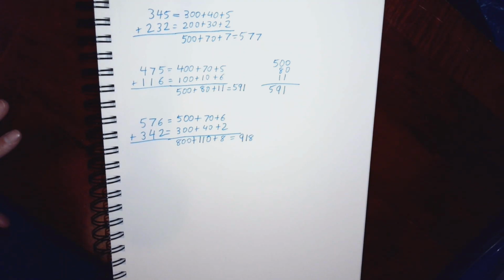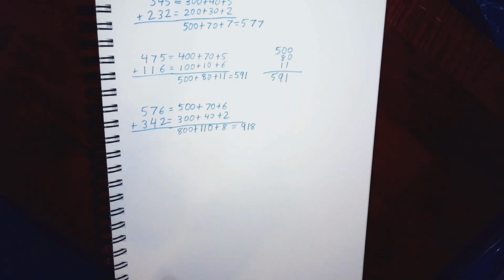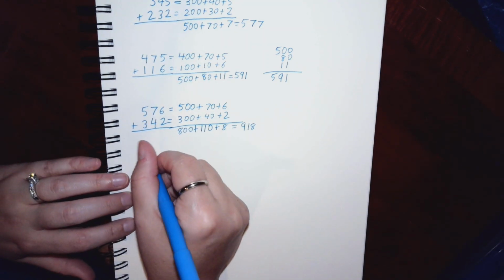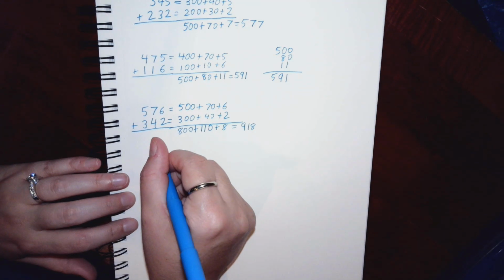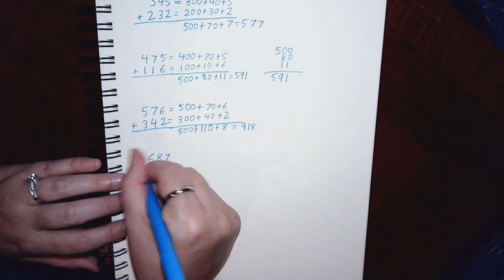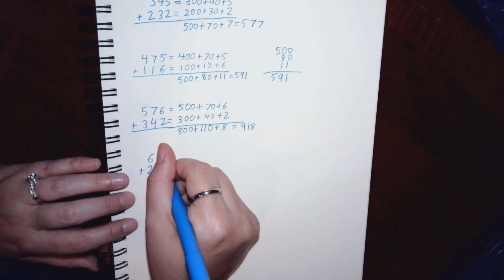Okay, let's do one more, and this is going to be a big one because we're going to have numbers all over the place that we have to double check. So let's do 687 plus 244.